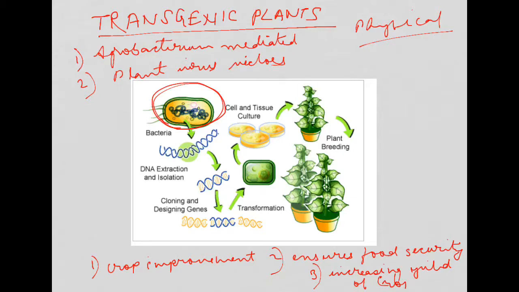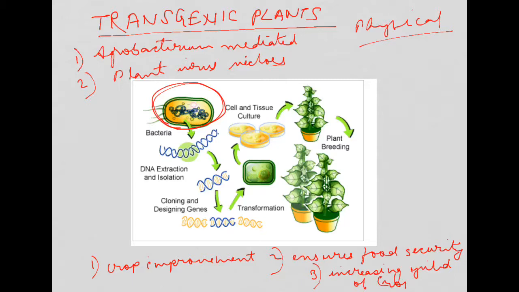That means we modify the plasmid in such a way that it doesn't cause the disease, but it is able to transfer the gene that we want into the plant so that it gets improved, and a recombinant or genetically modified plant is formed.